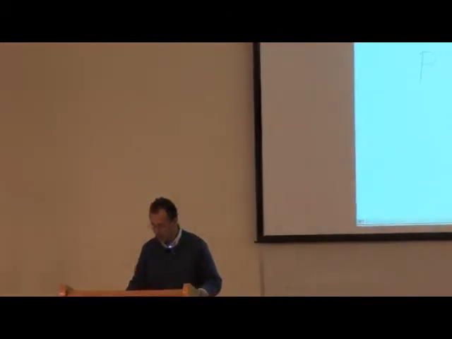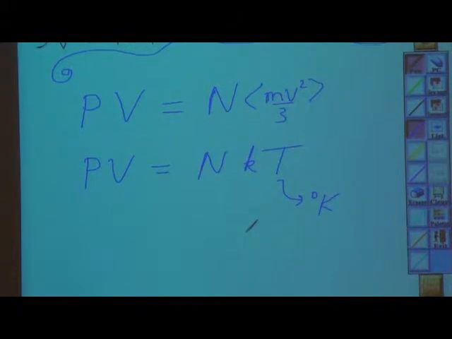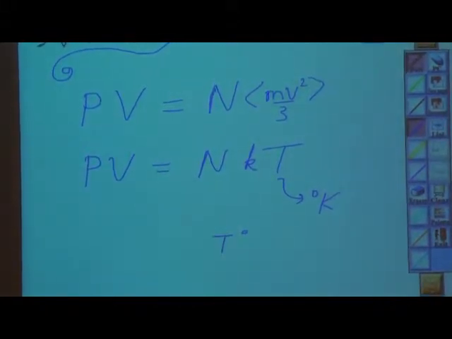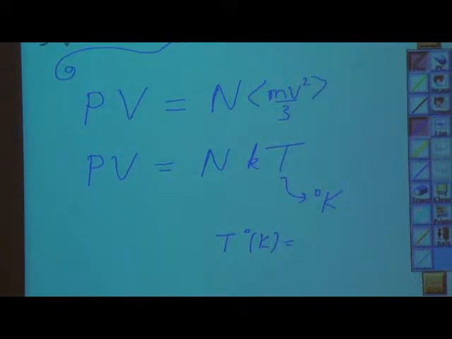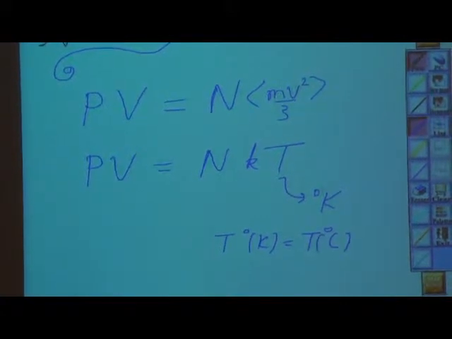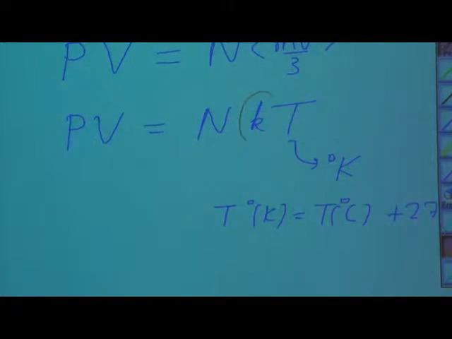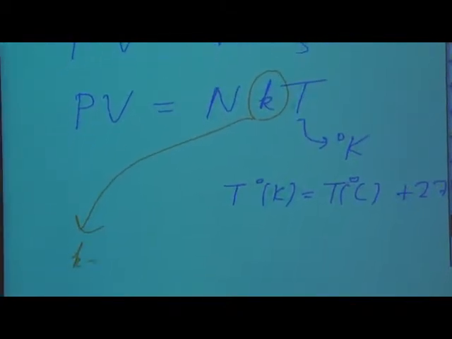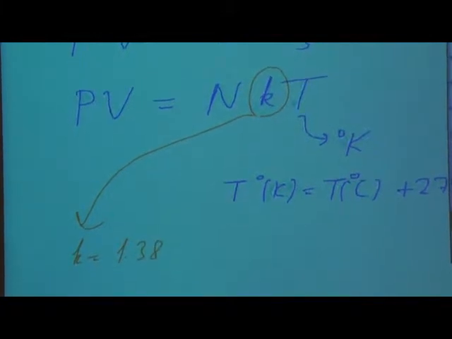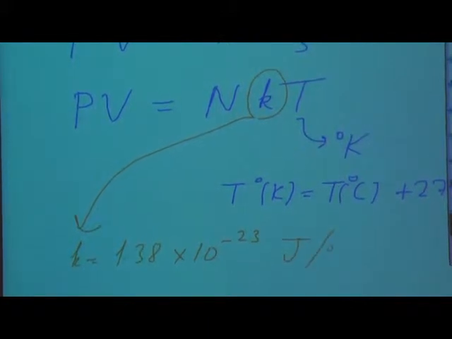When this is in degrees Kelvin, which means temperature in degrees Kelvin is temperature in degrees centigrade plus 273, then k was equal to 1.38 times 10 to the minus 23 joules per degree Kelvin.